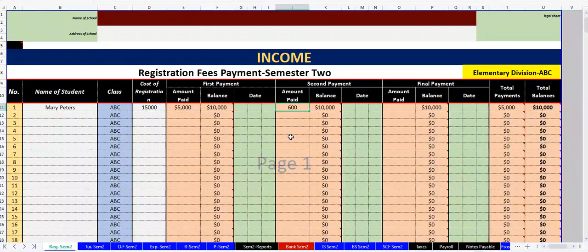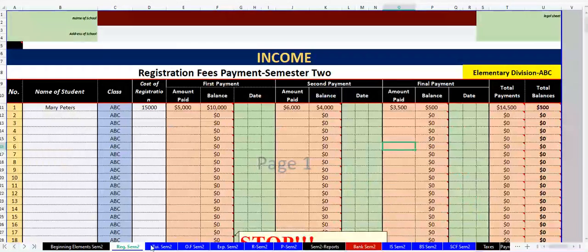And then the final payment, maybe she didn't pay all her money. Actually she paid 3,500, so she's left with 500 as a debt. Mary Peters loves to owe. So now we come to the next one, this tuition.